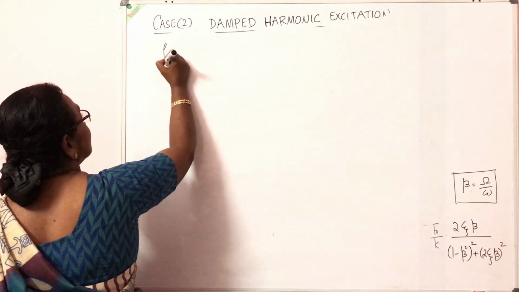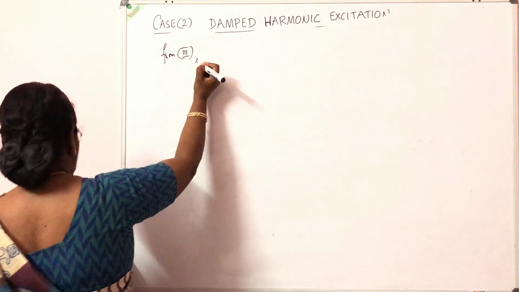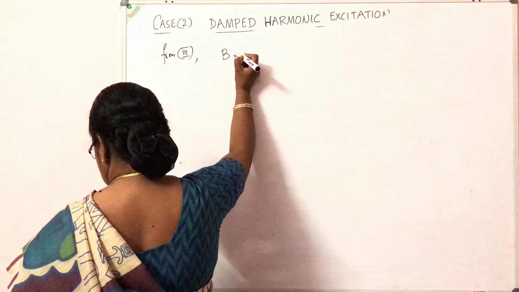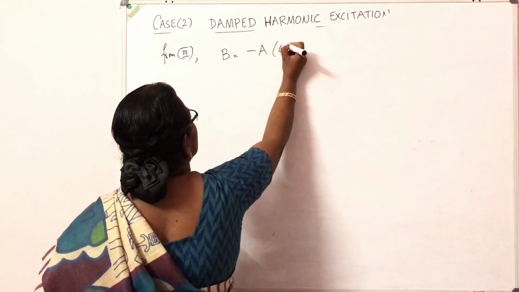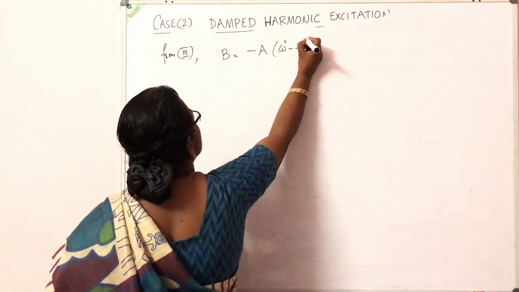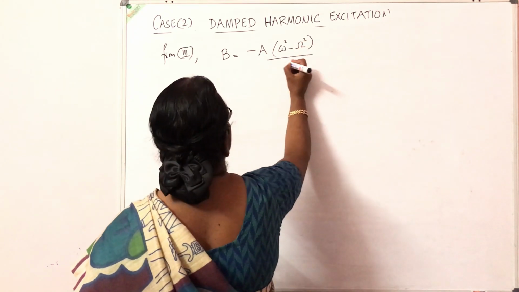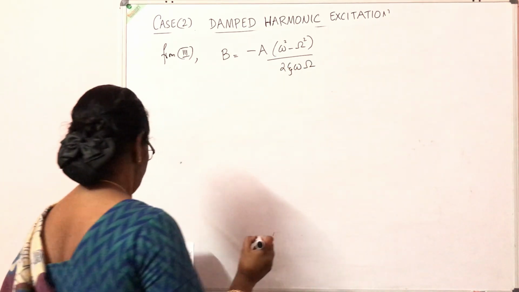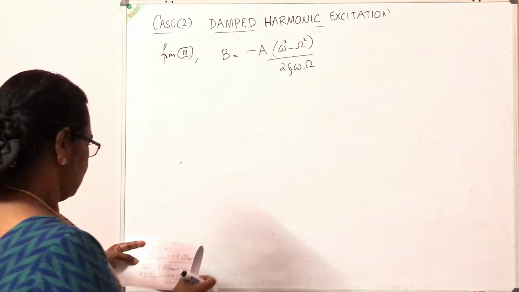Now from equation 3, we'll get B is equal to minus A (omega square minus capital omega square) divided by 2 psi omega capital omega.